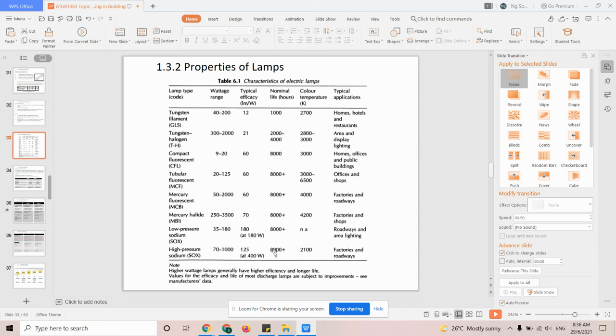So here there's a short note that higher voltage lamps generally have higher efficiency and longer life.